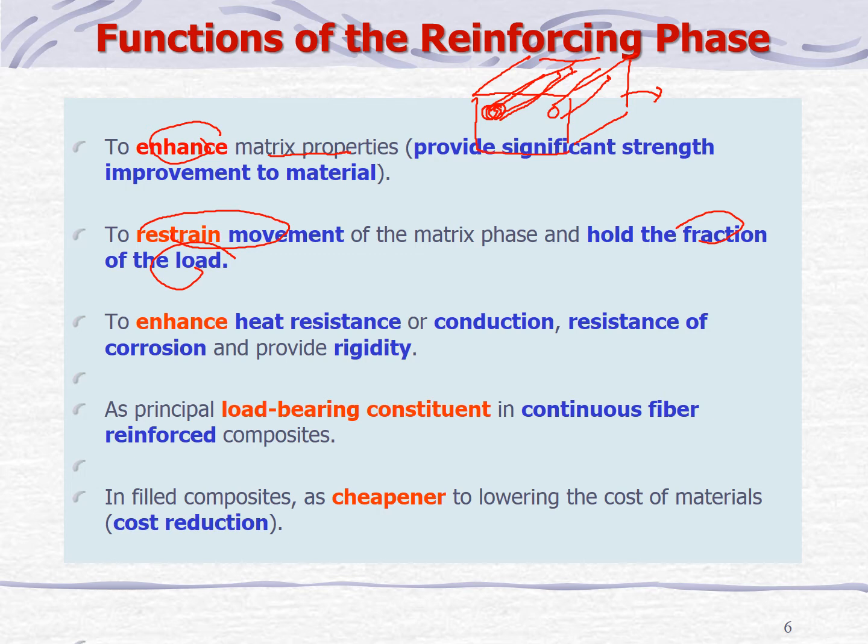It will also restrain the movement of the matrix phase and hold a fraction of the load along the fiber length. Then it enhances heat resistance and conduction, resistance to corrosion, and provides rigidity.